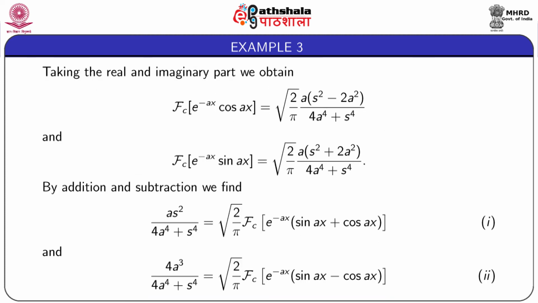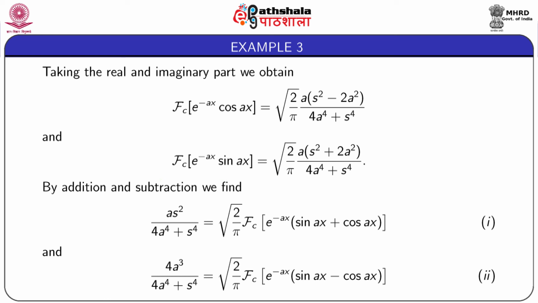Taking the real and imaginary parts, we obtain the Fourier cosine transform of e to the power minus ax cos ax, which is equal to root over 2 by pi a into s square minus 2a square divided by 4a^4 plus s^4, and the Fourier cosine transform of e to the power minus ax sin ax is root over 2 by pi a into s square plus 2a square divided by 4a^4 plus s to the power 4.